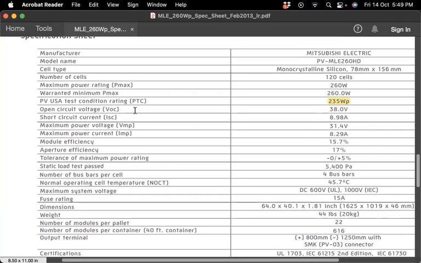The VOC is the open circuit voltage. However, the VMP is the voltage at which the power is maximum, which is 31.4 volts. If you remember, my dear students, I usually told you that this value is around 0.8 of the open circuit voltage. And you can find it here. This 0.8, I think we are now subtracting 20%, which is 3.8 times 2.